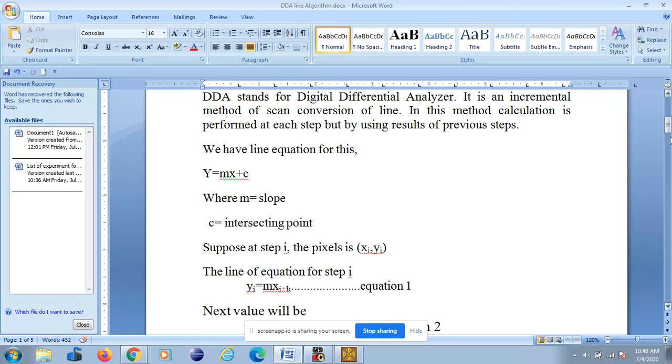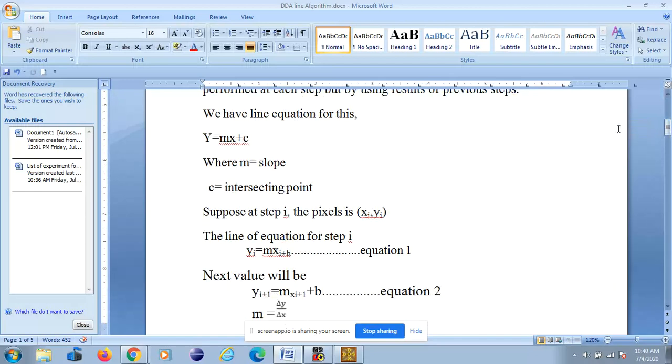Based on the DDA line algorithm, we already know that at each step it calculates the intermediate point based on the previous steps' result. Suppose that the pixel at step i has x equal to xi and y equal to yi. Here the line equation is yi equal to m xi plus b, where b is the intercept.